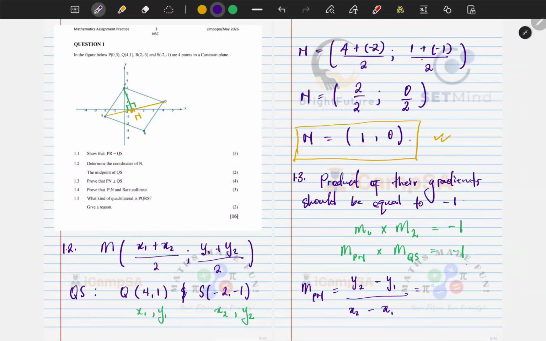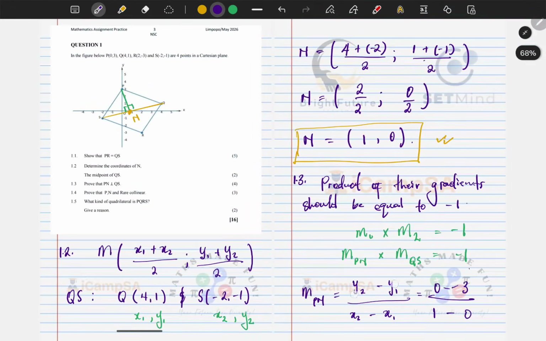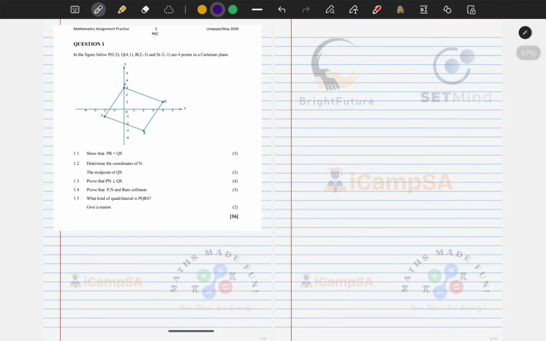Let's look at the y for N: the y for N is going to be 0, and the y for P is -3, all over x for N, which is 1, minus x for P, which is 0. So we can just continue here.